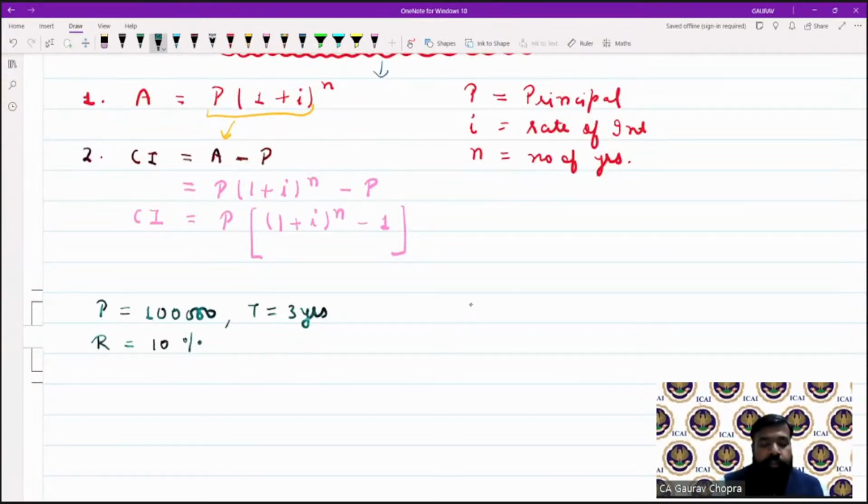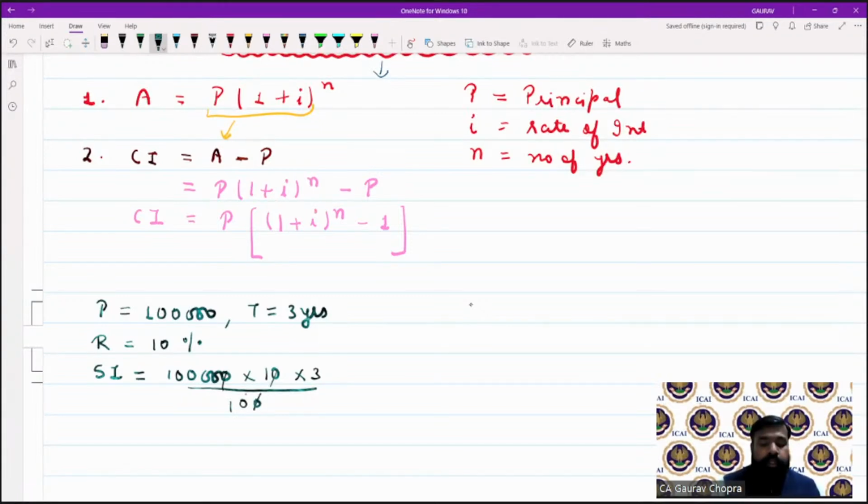Now we want to compare simple interest and compound interest, like how much will be the simple interest and how much will be the compound interest. If we calculate simple interest, the formula was principal into rate into time divided by 100. The principal is 1 lakh, rate is 10%, time is 3 years, divided by 100.